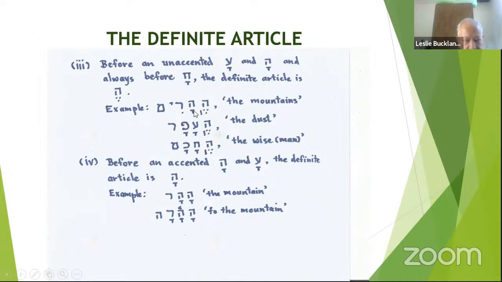So you have he-harim. If you wonder what this vertical line means, notice that it comes 2 syllables before the last syllable. Here is the last syllable, reem. This is the syllable next to the last syllable, and this is the second syllable away from the last syllable.